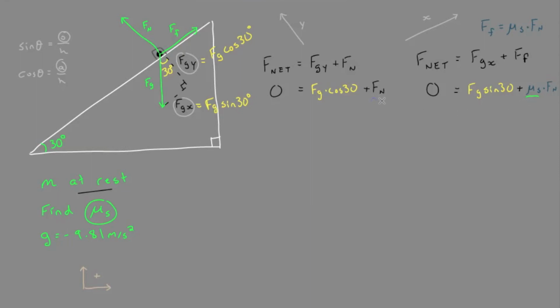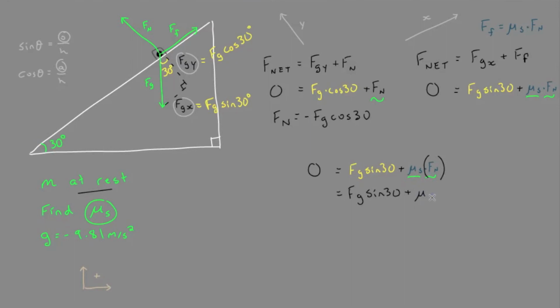What we could do is we could substitute for the normal force, and so we would rearrange for the normal force and substitute that into our equation 2, and then we could isolate. So isolating for the normal force, Fn equals the negative of this, and we could put that into our second equation right here. So let's do that.